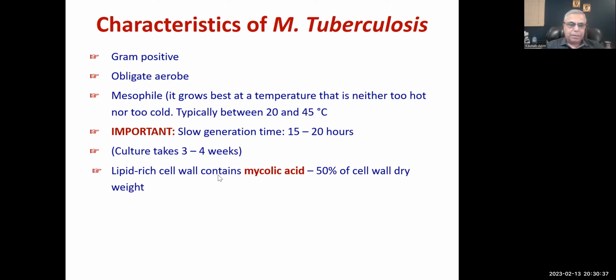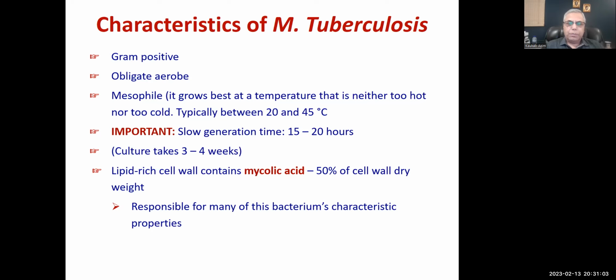It has a lipid-rich cell wall, sorry, I said cell membrane or cell wall. It has got mycolic acid, 50% of dry cell wall weight. So it has got a lot of mycolic acid in the cell wall. So obviously it is gram positive, so it is going to have a thick cell wall. So correction, mycolic acid is in the cell wall.